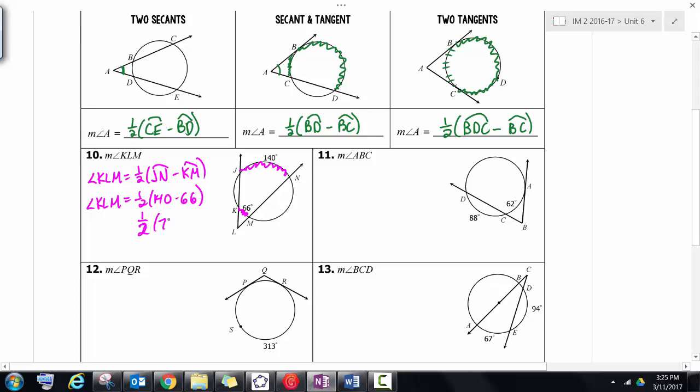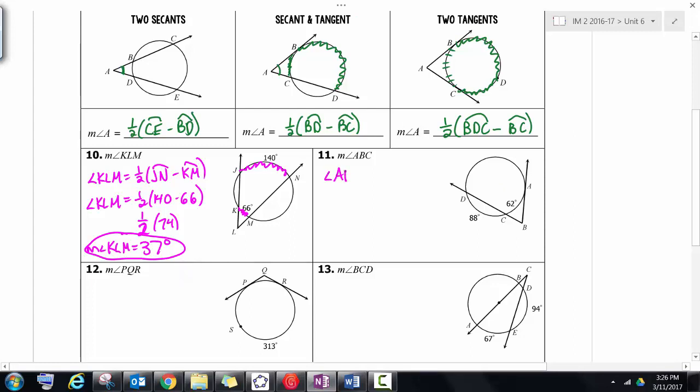Half of 74 is 37 degrees. So the measure of KLM is 37 degrees. And that's how we do these. And that was a secant-secant angle. This next one is a secant-tangent angle. A little bit different, but the same idea.